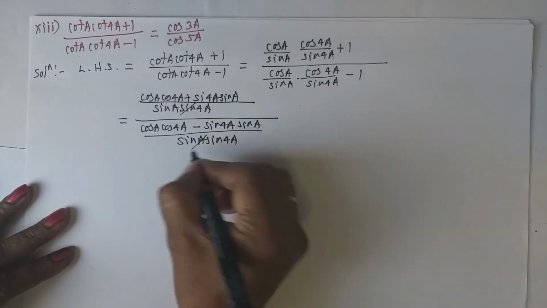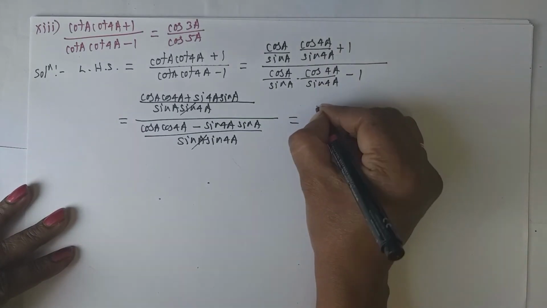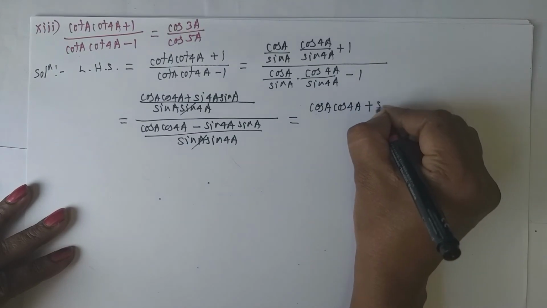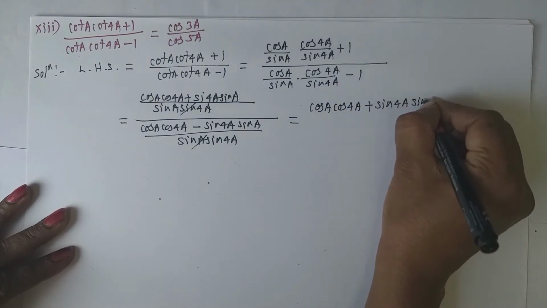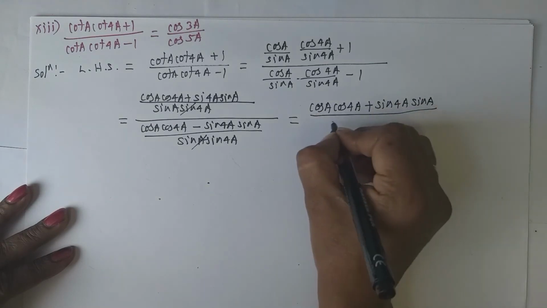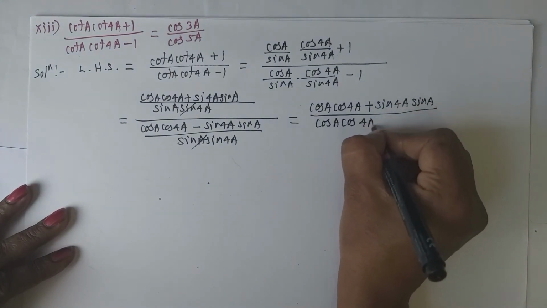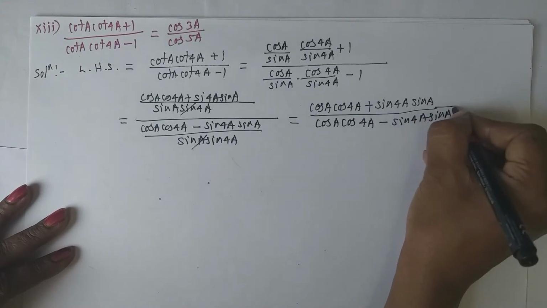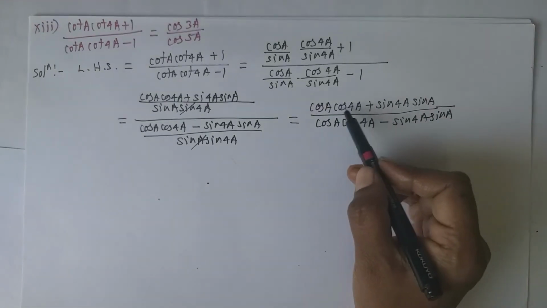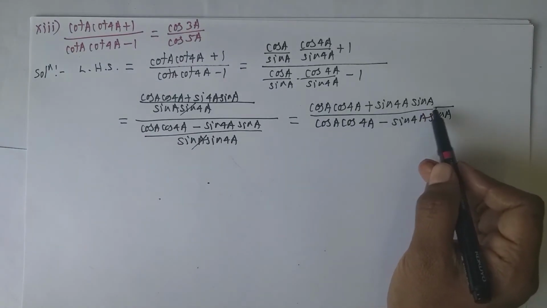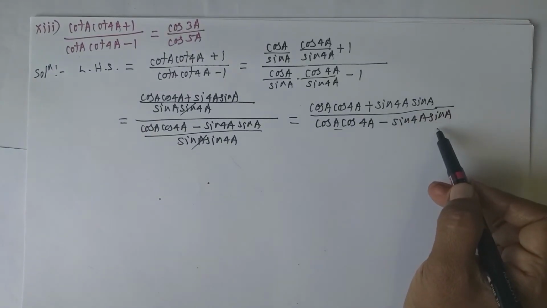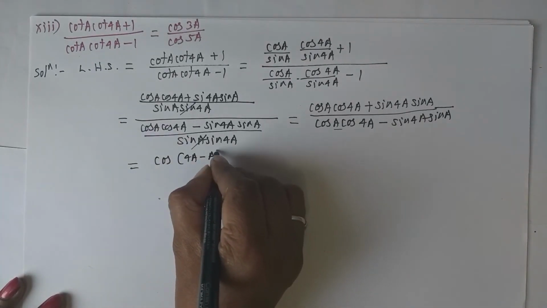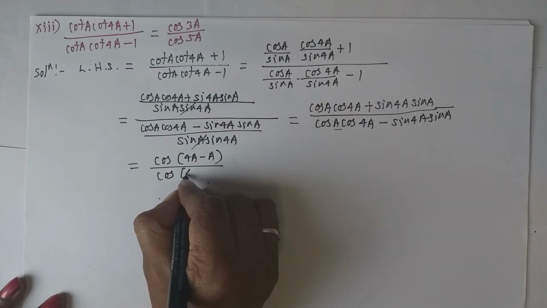Now this sin A sin 4A will get cancelled, and here in the numerator remains cos A cos 4A plus sin 4A sin A. Okay, and this will be cos A cos 4A minus sin 4A sin A. And what is this? This is the formula cos A cos B plus sin A sin B. Cos A cos B minus sin A sin B. This is the formula of cos A minus B, and this is the formula of cos A plus B.